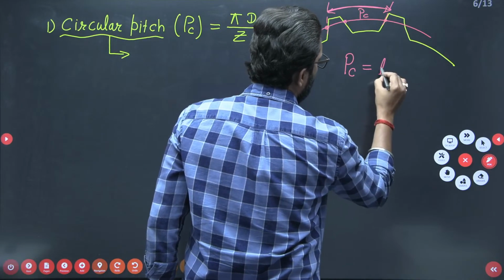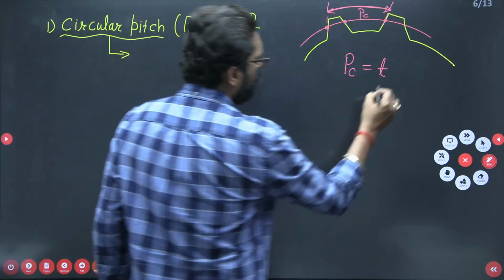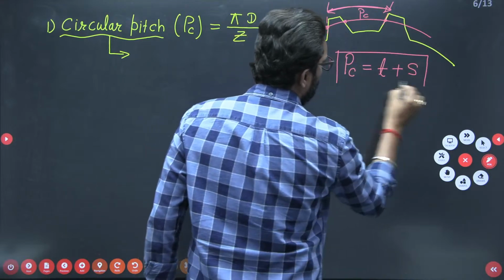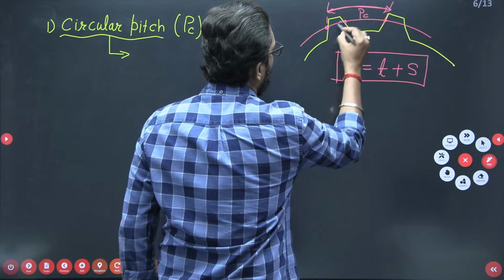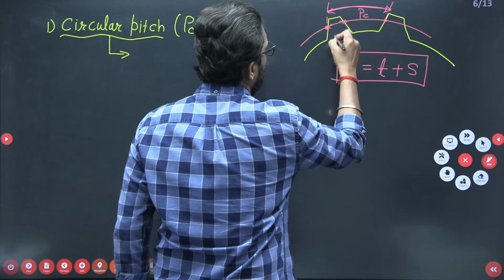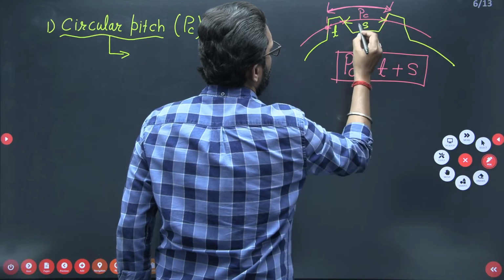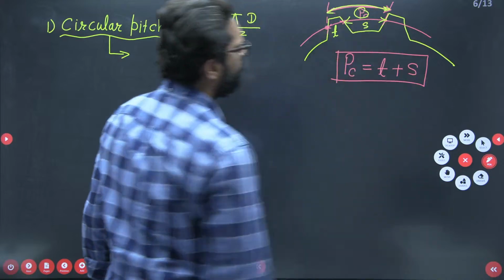That means circular pitch is equal to tooth thickness T, let's suppose, and tooth space S. This is your tooth thickness T, and this is your tooth space S, and this is circular pitch PC.